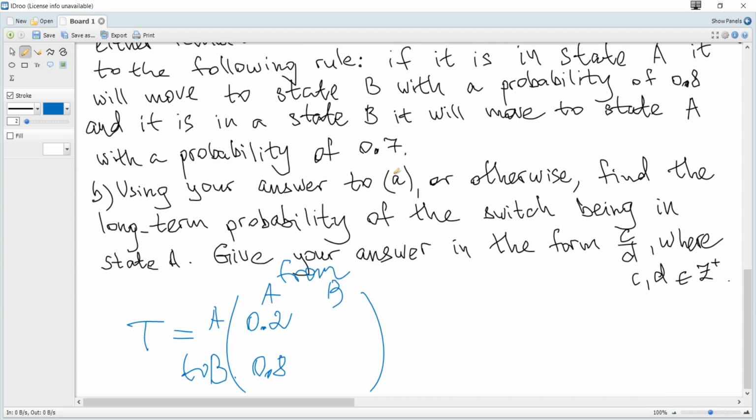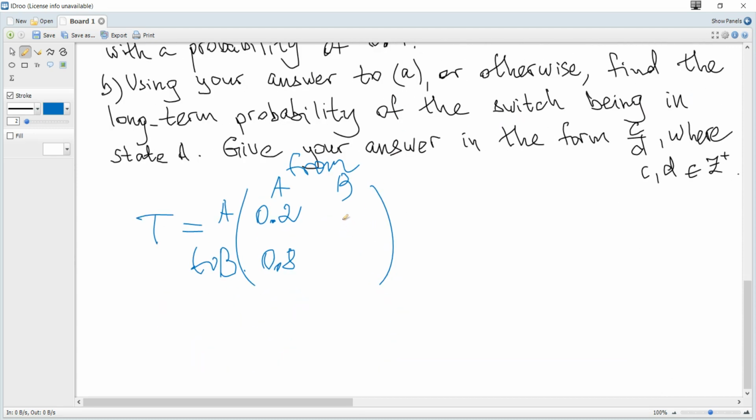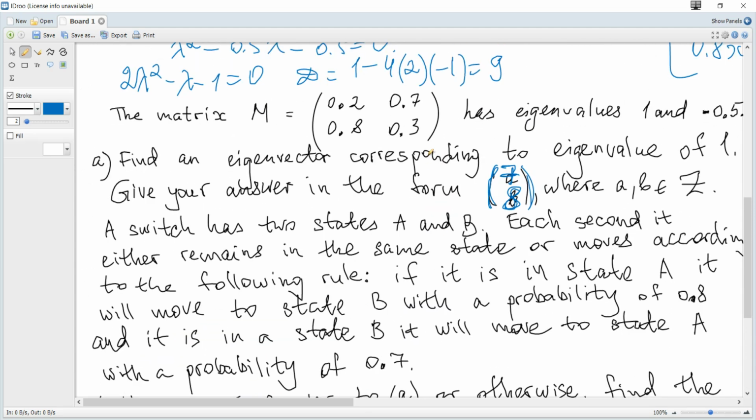And if we are in B now, the probability to move to state A is 0.7, and again the sum is 1, so it's 0.3. And you can see that it's absolutely the same matrix as it is given in A.